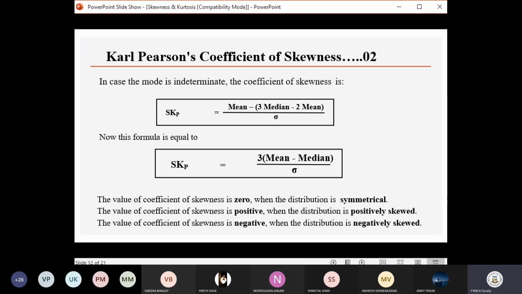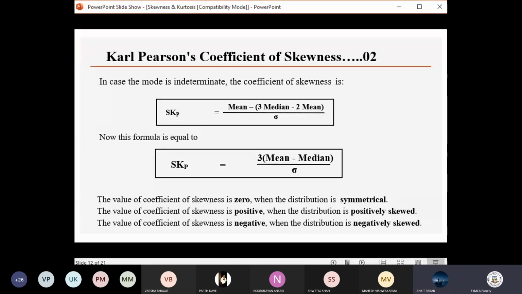And by this formula, which is visible on the screen, you can calculate: 3 into mean minus median, that is 35 minus 41. So you get 3 into minus 6, that is minus 18, divided by 7. So that comes to around minus 3, near to minus 3, or minus 2 point something.